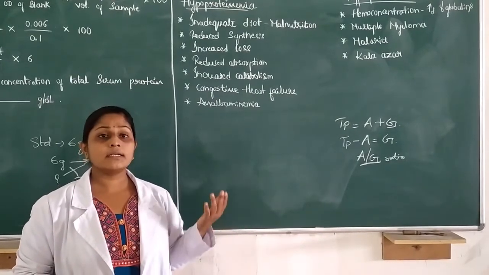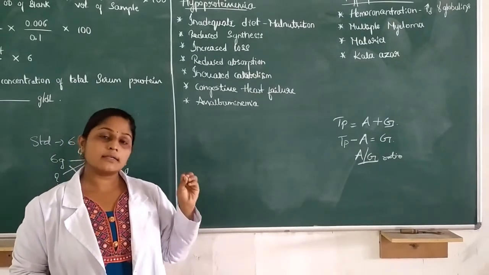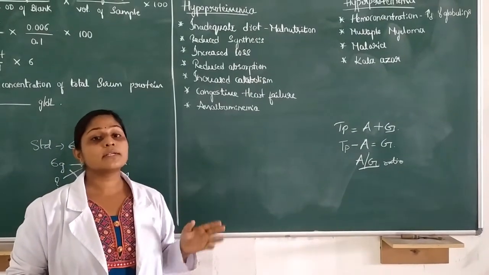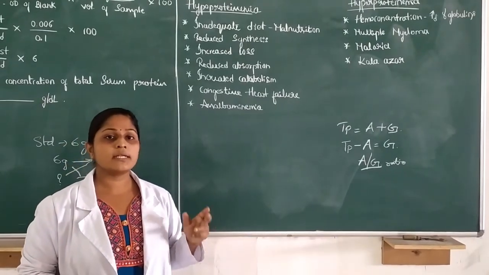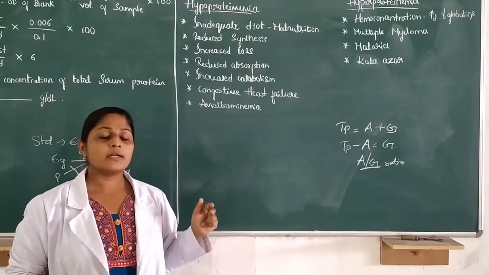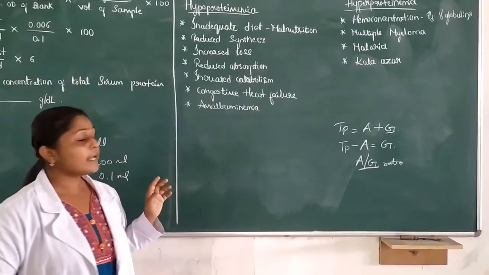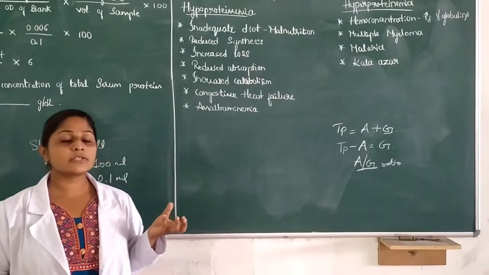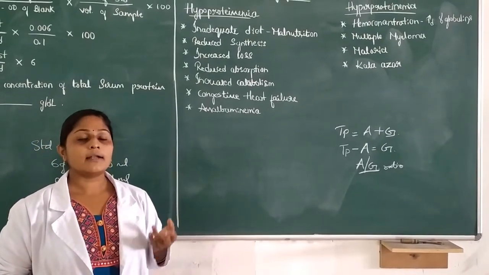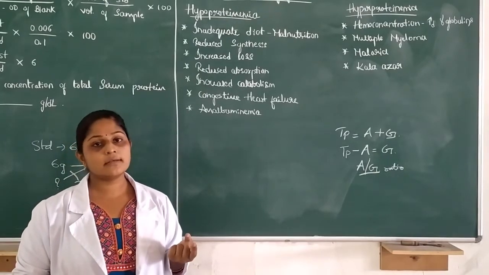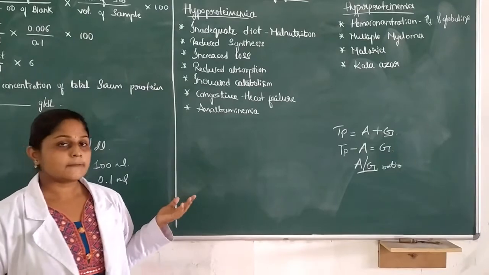All these are causes for increased loss. For increased loss, nephrotic syndrome should come to your mind. In nephrotic syndrome there will be proteinuria and edema due to protein loss. Nephritis, inflammation of the nephrons, and any inflammation in the urinary tract will also affect the protein.